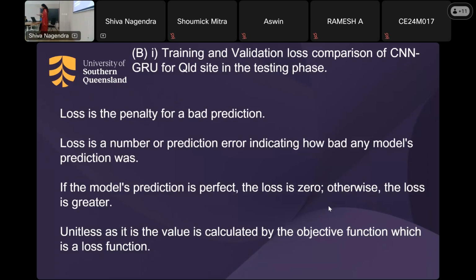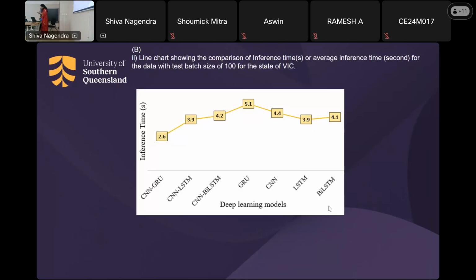Then I had to depict the loss involved, like how much training loss and how much validation loss there was, because it's a penalty for a bad prediction. We are forecasting air quality, but what is the penalty involved? If we are forecasting poorly, there has to be a fine or penalty involved. So how do we measure that penalty?